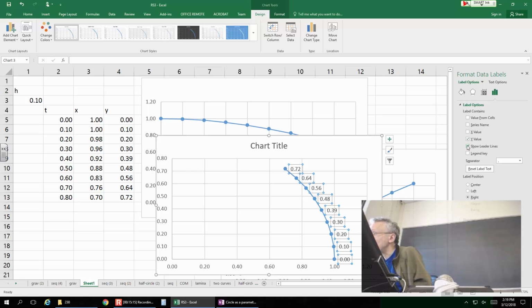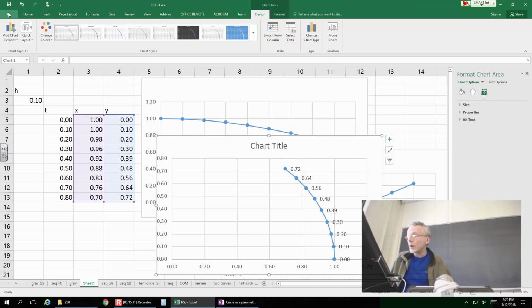So not x, not y, but t. You can't do that because the data for this chart is only x and y, and t is thrown out, unfortunately. So Excel just doesn't understand that part. But we'll see how we'll do it by hand eventually.